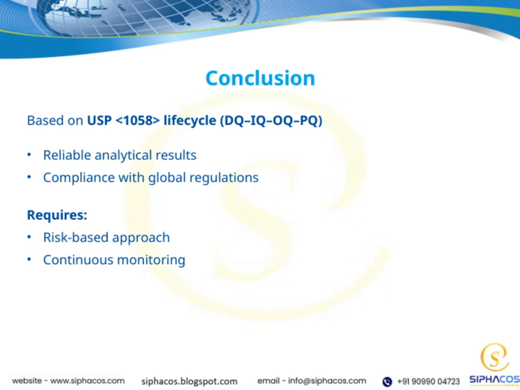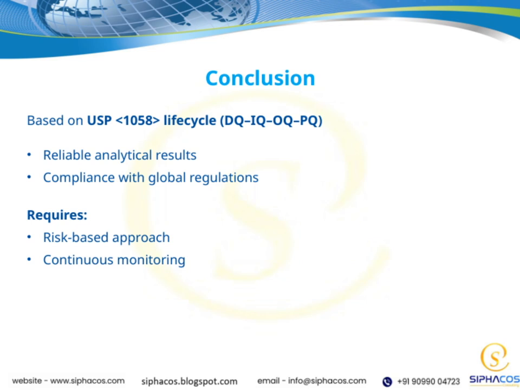Now, achieving this level of reliability and compliance requires more than just following a checklist. We need to adopt a risk-based approach, meaning we identify potential issues proactively and prioritize our efforts accordingly. This way, we focus on what matters most, reducing uncertainties. Additionally, continuous monitoring is key. The landscape is always changing.